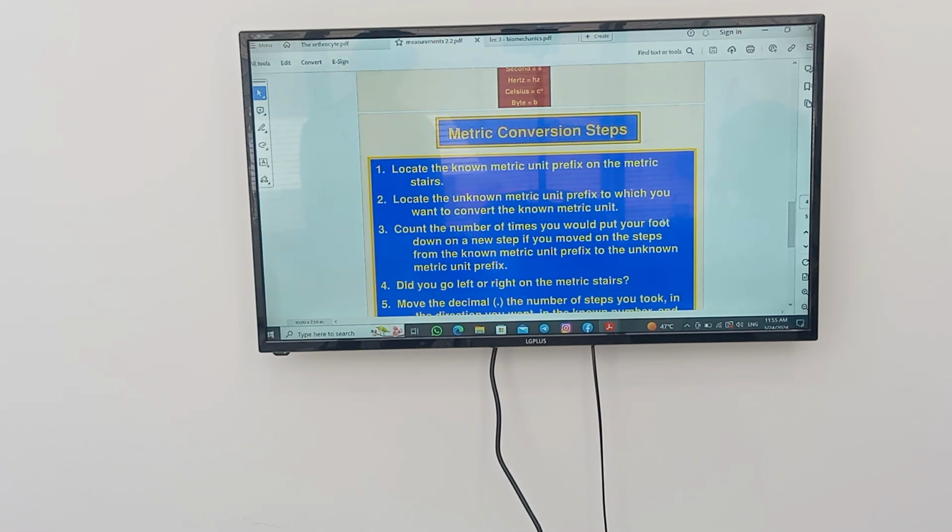Locate the unknown unit prefix to which you want to convert the known metric unit. Okay, like let's say I want to convert a kilometer into a meter. Count the number of times you would put your foot down on a new step if you moved on the steps from the known metric unit prefix to the unknown metric unit prefix.